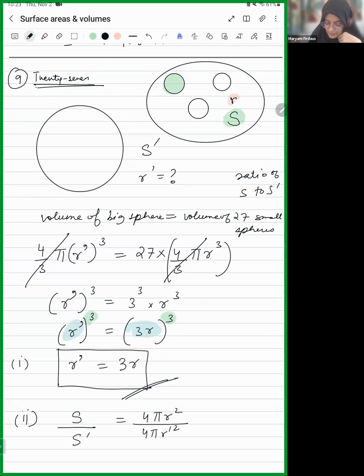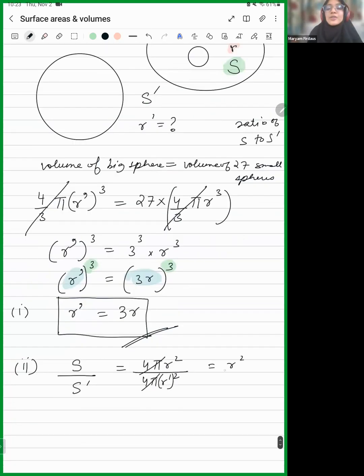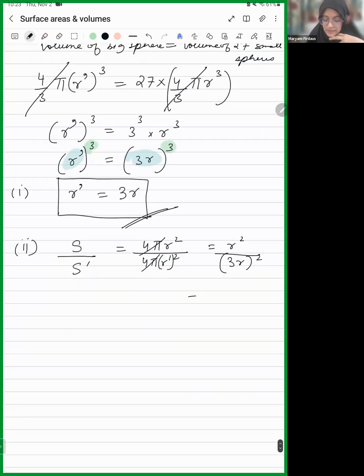So, 4 pi gets cancelled. We are left with r square by r dash squared. What is r dash? The radius of the bigger sphere. How much is it equal to? 3r. So r square by 3r whole square becomes how much?